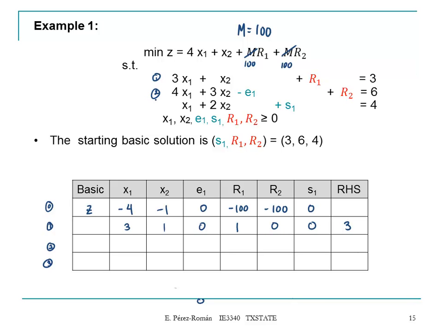The second constraint is 4, 3, minus 1, 0, 1, 0, and 6. And the third constraint is 1, 2, 0, 0, 0, 1, and 4. So for the third constraint, we don't have a surplus, we don't have an artificial variable, we only have the slack.